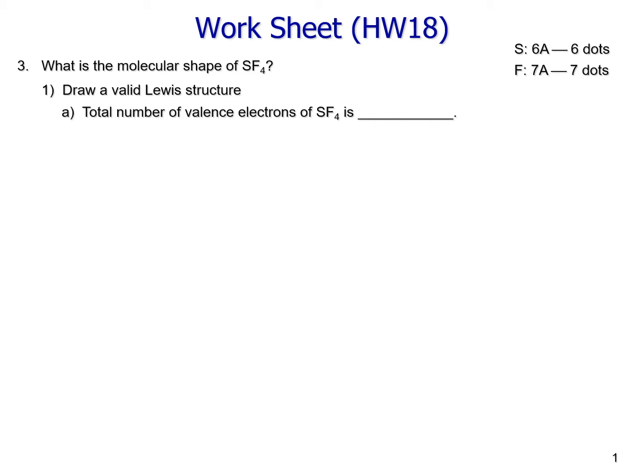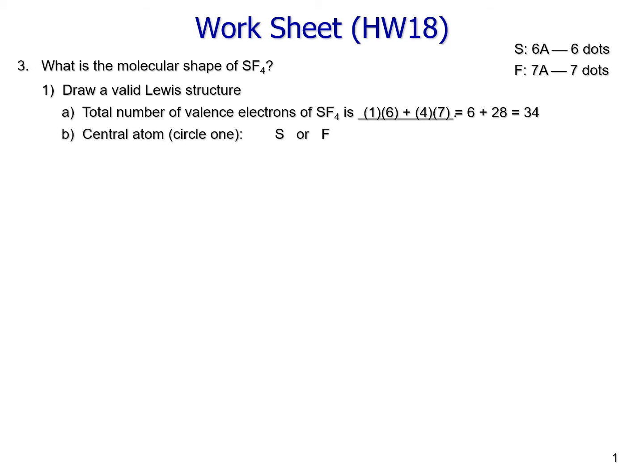That means sulfur will have 6 valence electrons, or 6 dots, while fluorine will have 7, combined with the subscripts of each atom in this formula. So we start our calculation and we find out there are going to be 34 valence electrons that we're going to assign back to this formula.